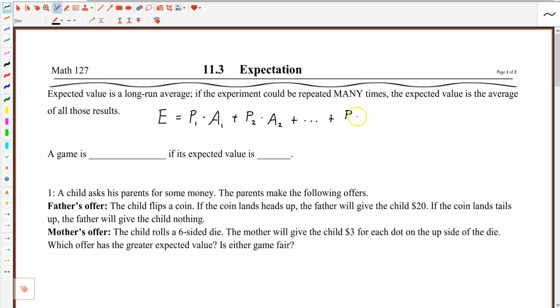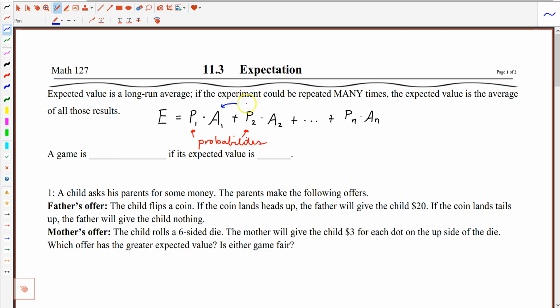Alright, so this ends up being the formula for expected value, and we're going to use this over a couple different scenarios so you can see how it is applied. Again, these P's right here are probabilities of the different scenarios happening, the likelihood of the different actions happening as a result of the experiment.